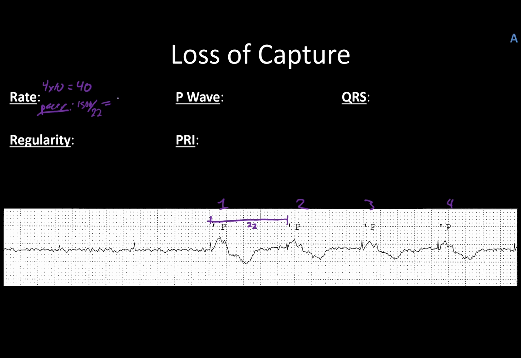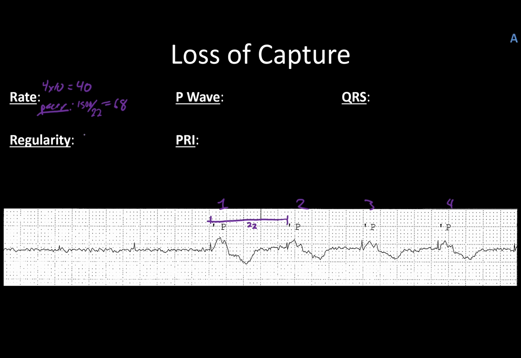Gives us 68. So we've got a pacemaker that's set for 68, but we only have 4 beats on the screen, or 40, for my heart rate that's on the screen. That right there is a huge hint that maybe we have a pacemaker firing when it shouldn't be.